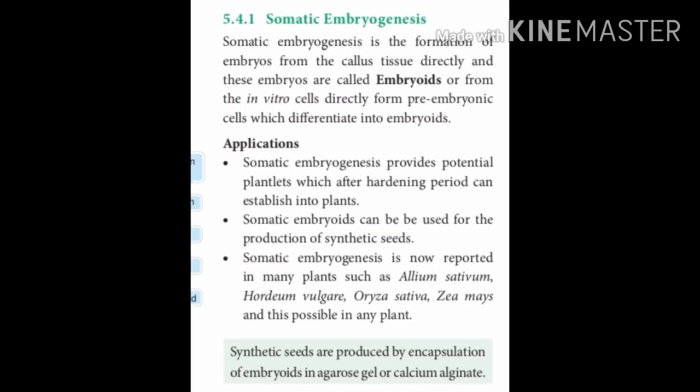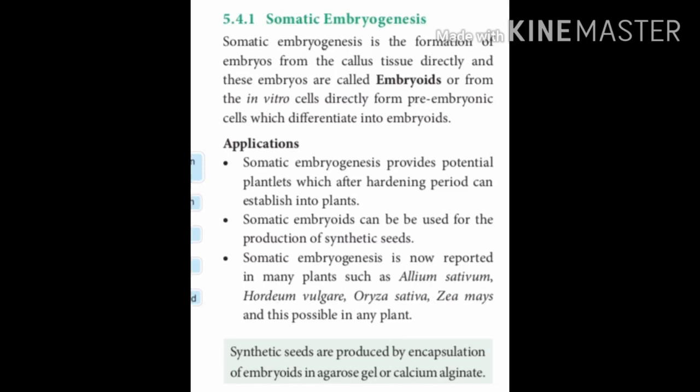The applications of somatic embryogenesis: it provides potential plantlets which after a hardening period can establish into a new plant. Somatic embryoids can be used for the production of synthetic seeds. And third, it is now required in many plants such as Allium sativum, Adenium vulgare, Oryza sativa, Zea mays, and possibly in any plant.